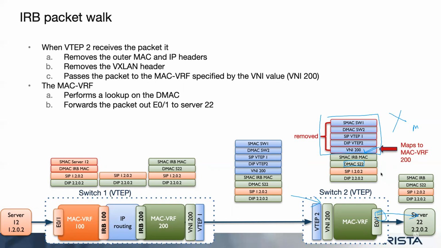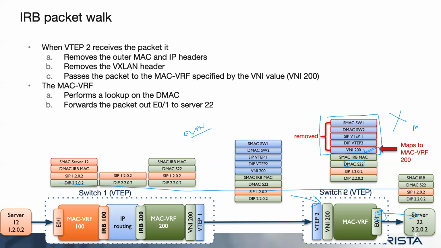So this is how the packet walk will be in VXLAN. It's the same as VXLAN; there is nothing new. The only difference between VXLAN and EVPN is that the MAC and ARP are learned through EVPN instead of the data plane. Otherwise, what we have discussed is what we also discussed during VXLAN.